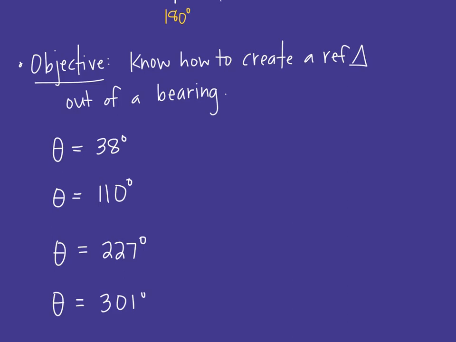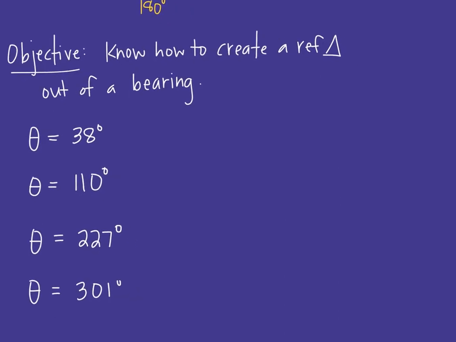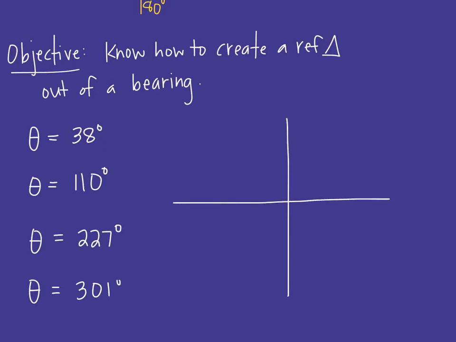Let me show you how to do one that's less than 90 degrees. All right, 38 degrees. So we know where 0 is, and we need to approximate 38. I'm not going to have you get a protractor out and figure it out perfectly, okay?